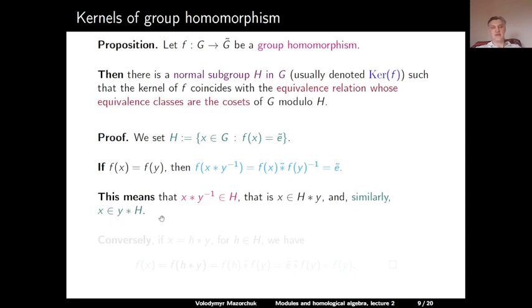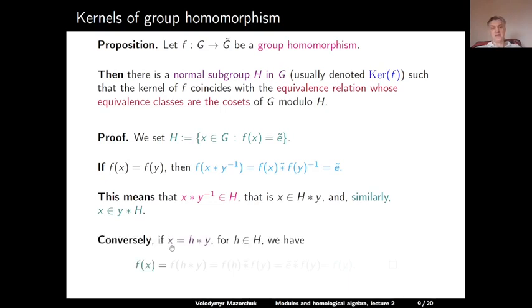So this means that x star y inverse belongs to H. In other words, x belongs to H star y. And by a similar argument, x belongs to y star H. So if f of x is equal to f of y, then x belongs both to the left H coset of y and the right H coset of y.